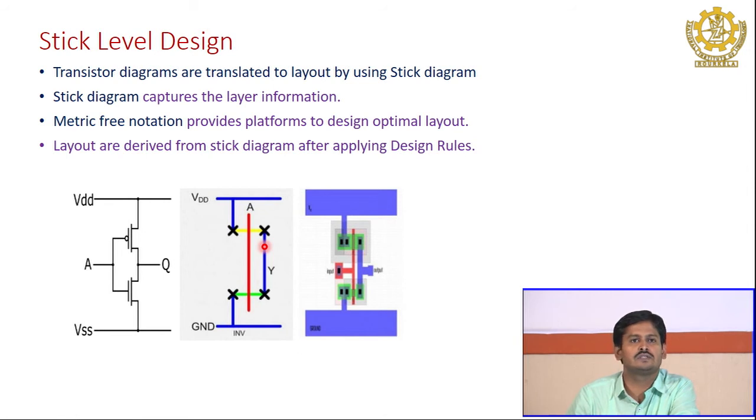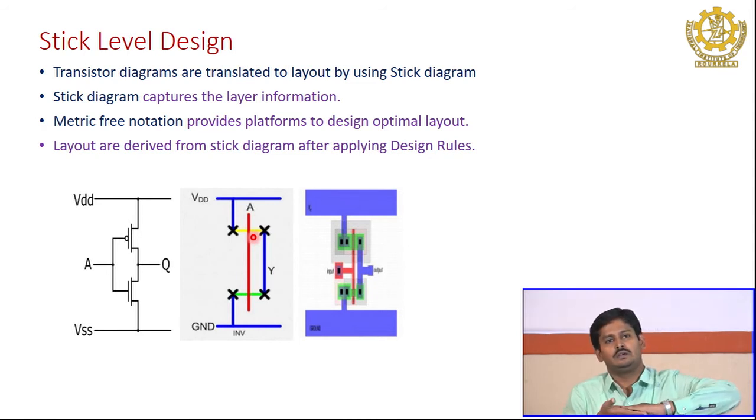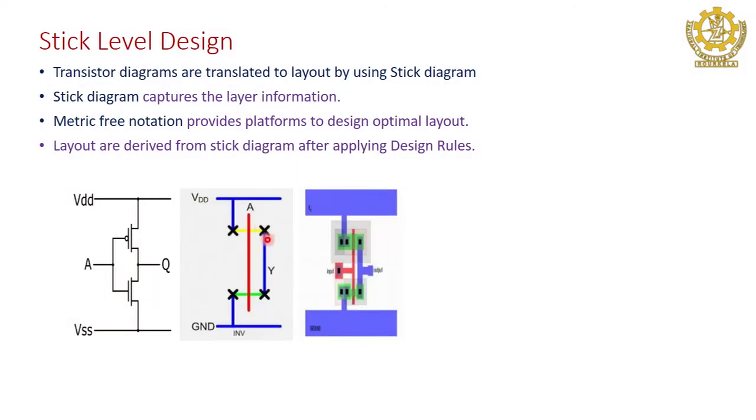Another rule says that when the same layer crosses each other, it is a short circuit, but when different layers cross each other, they are open circuited. So that's why you have to put contacts. In 3D view, a hole will be dug and some aluminum will be poured to make it a contact, a single point. So it is something like putting a contact to connect these two terminals.